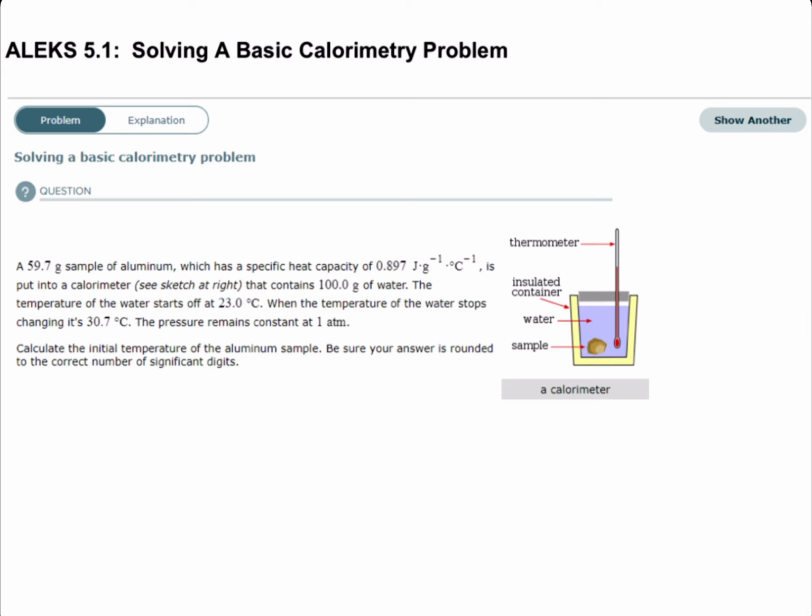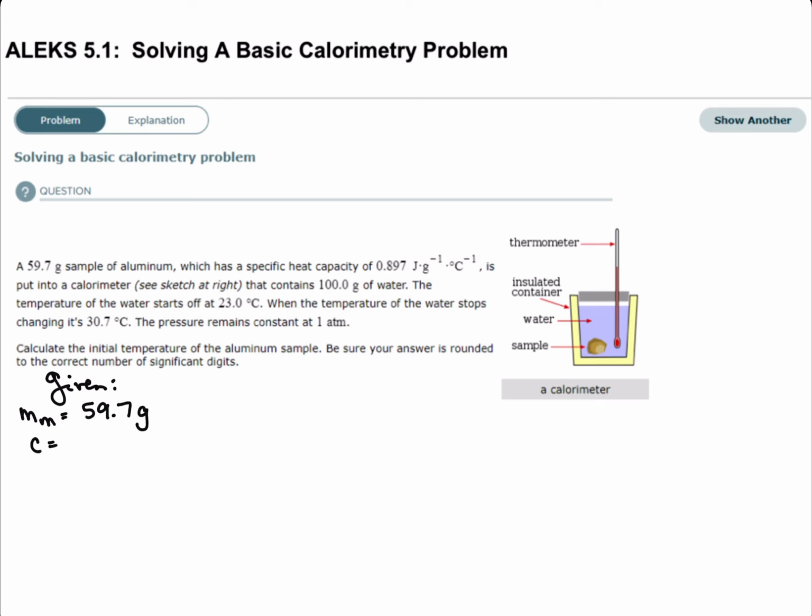So we're going to start off with our given, but we want to remember that this problem deals with two different samples. So we're going to have to make our given a little bit more organized. We're going to use the subscript M to mean metal and the subscript W to mean water. So the mass of the metal is 59.7 grams.